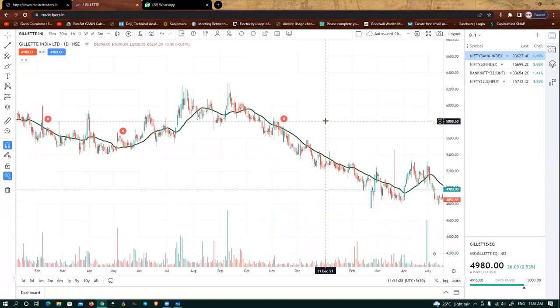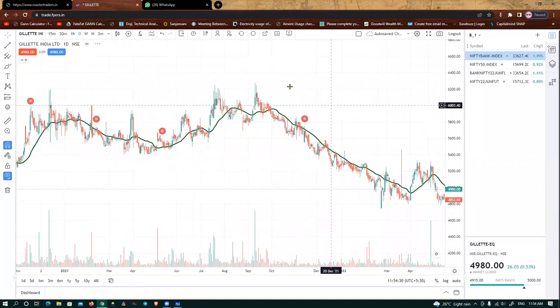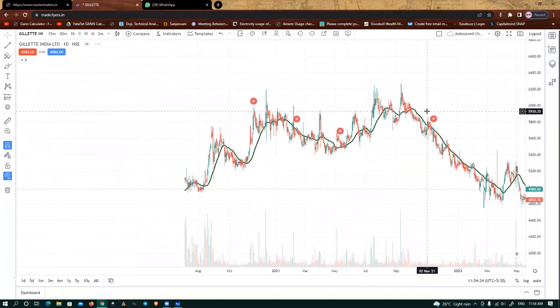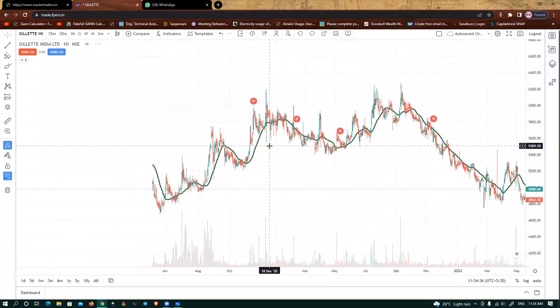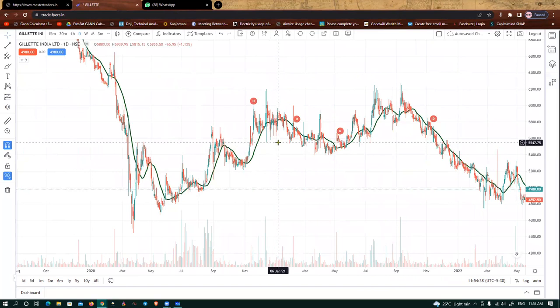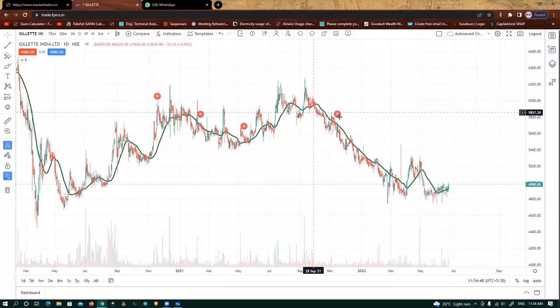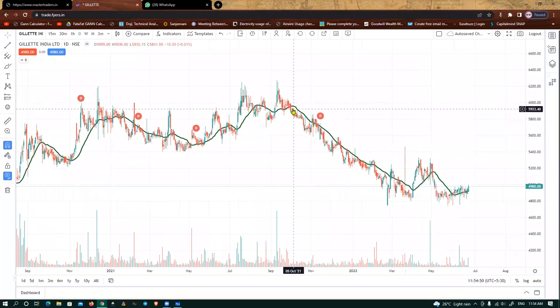Now tell me, where did you buy this stock? What was the price you bought? Sir, this 5,900. 5,900, around this area, right? Correct. So after that, what has happened? The price went below the moving average, right? When this went below the moving average, it became weak.